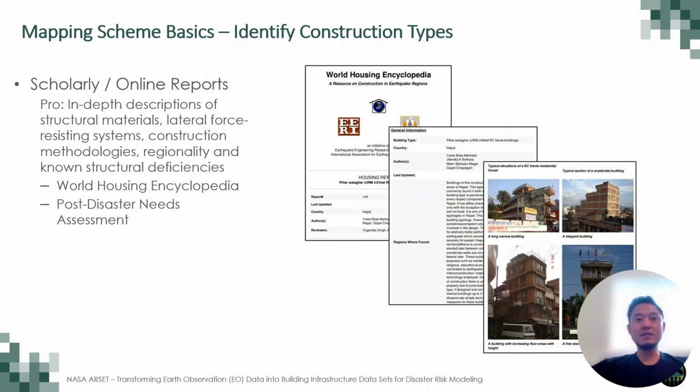The good thing about these is they go pretty in depth on what unique buildings are, structural materials, a lot of force-resistant systems, the methodologies of construction. They're region specific, and they'll give you any known structural details, deficiencies, and details for future vulnerability modeling.